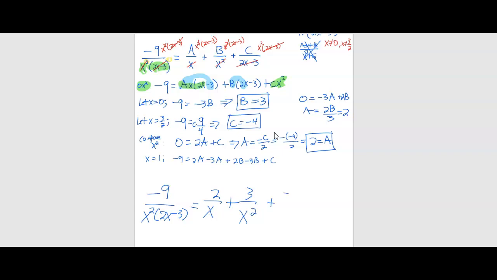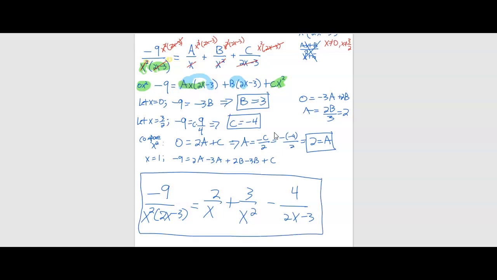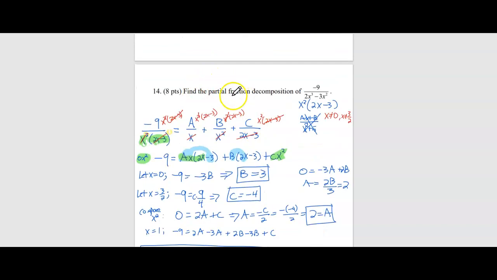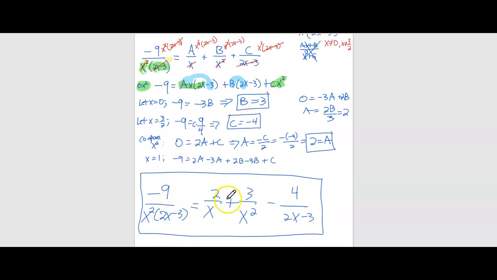We can write plus negative 4 over 2x minus 3, or we could just do minus 4 over 2x minus 3. That's your choice. They both would be accepted. So we've achieved finding the partial fraction decomposition.